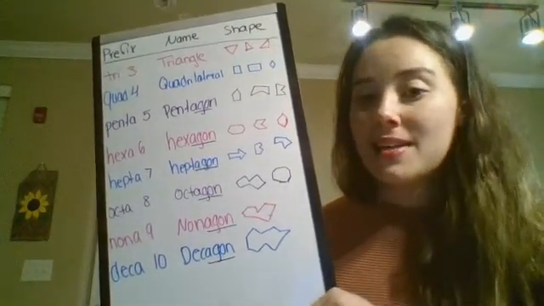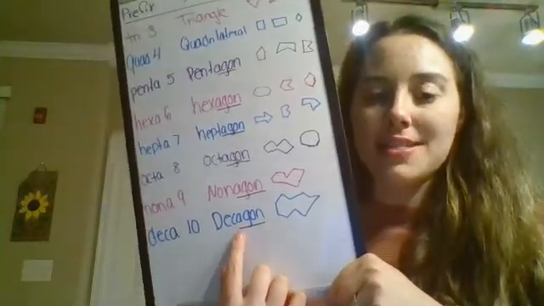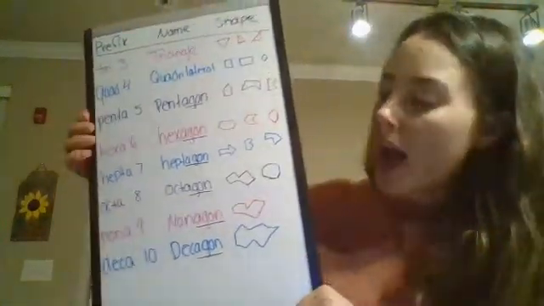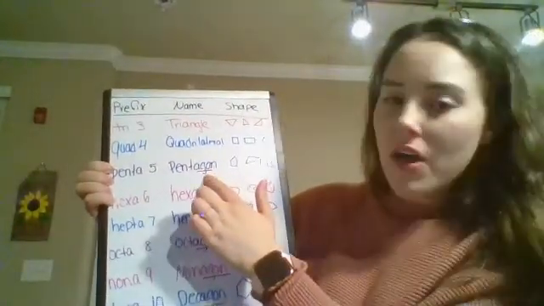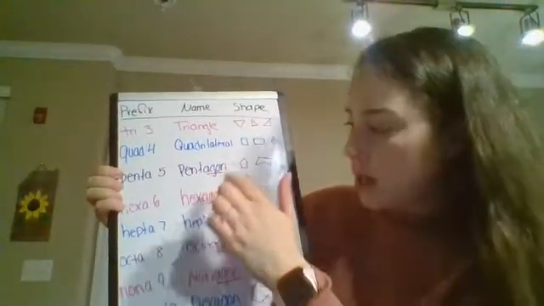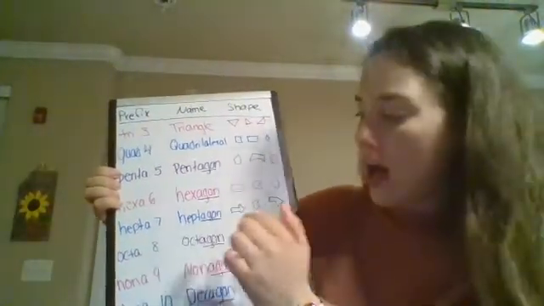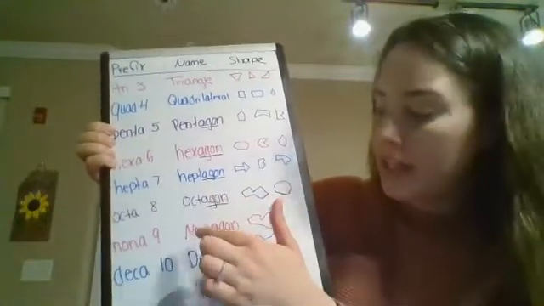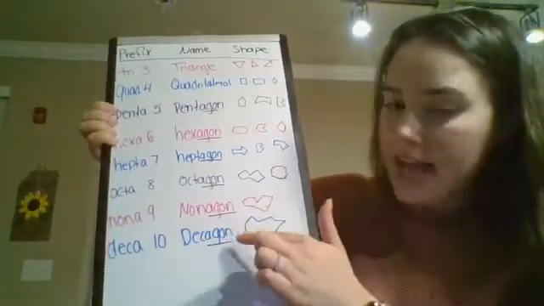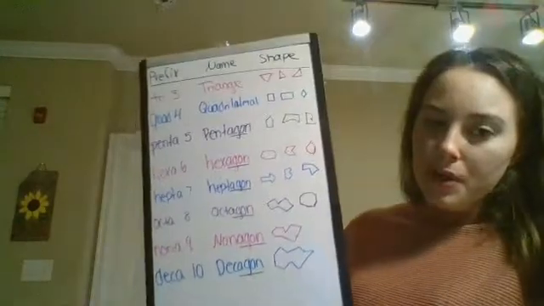If this shape had 10 sides, it would be called a decagon. Notice how after quadrilateral, they all end in gon: pentagon, hexagon, heptagon, octagon, nonagon, decagon. That's something I want to highlight for you.